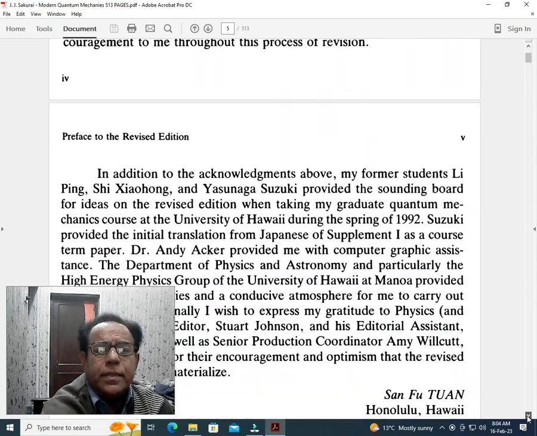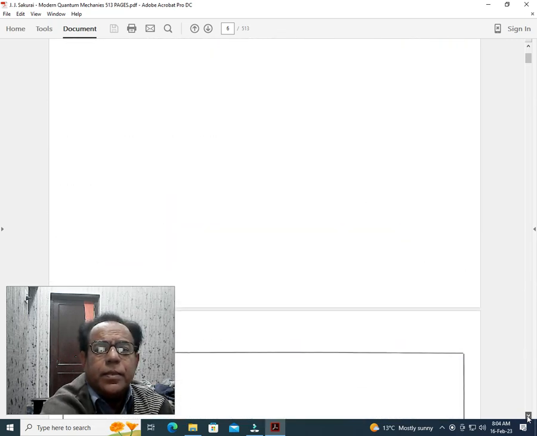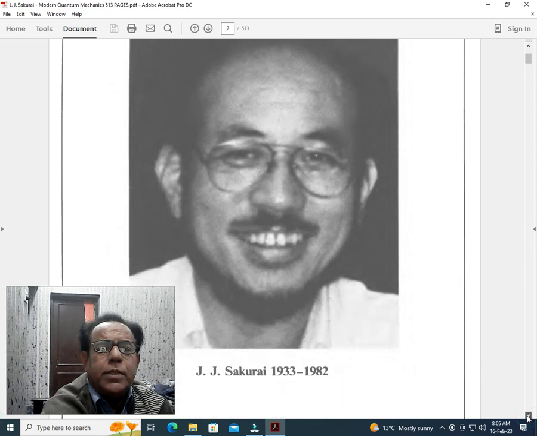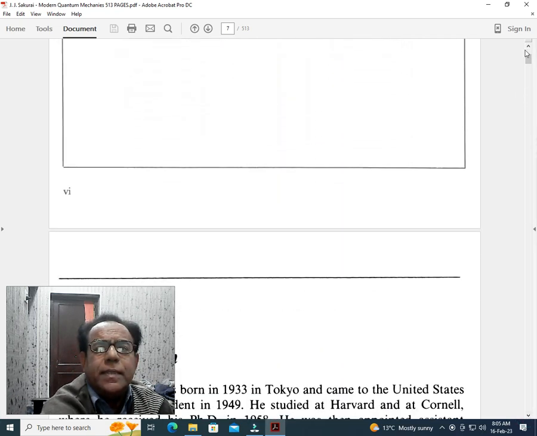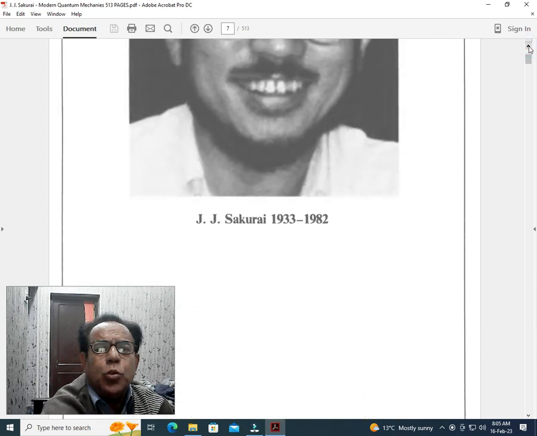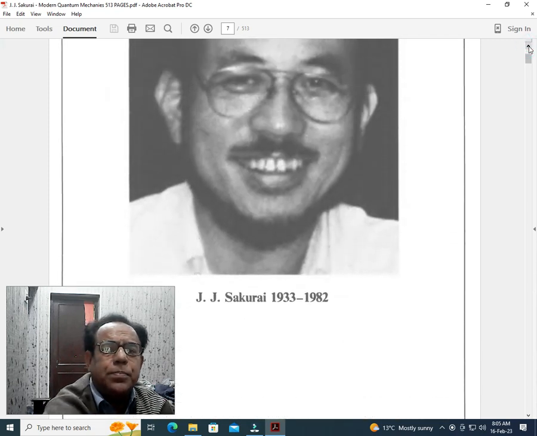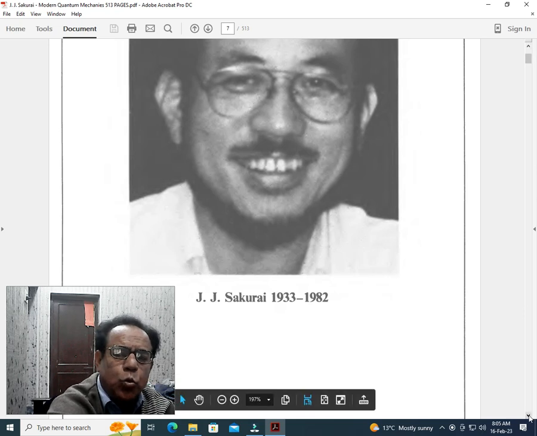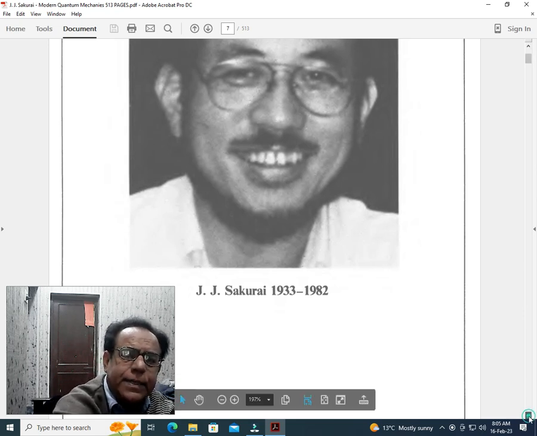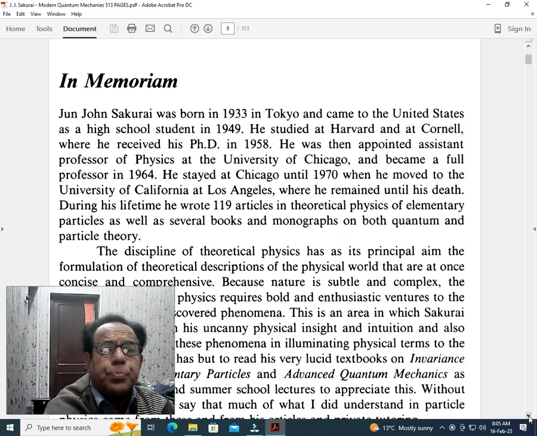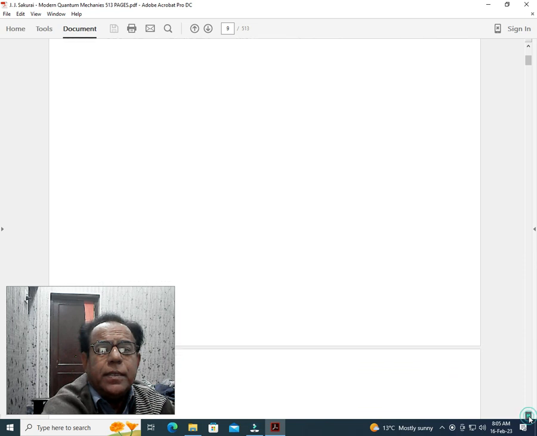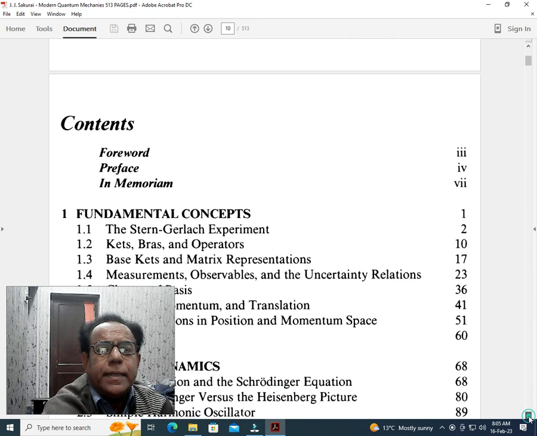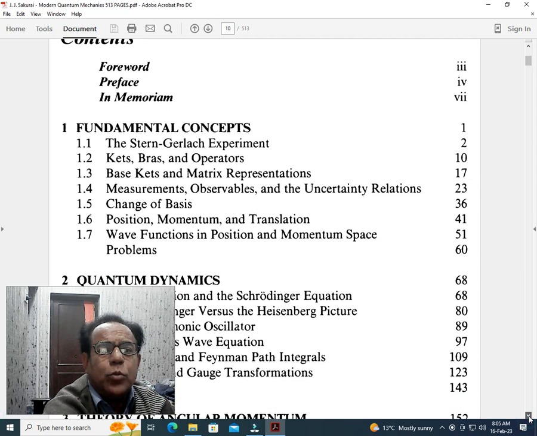Preface. Actually, this is just a first edition. This is the photo of that Indian author J.J. Sakurai, who was born in 1933 and died in 1982. Now we have a look at its fundamental contents. Okay.